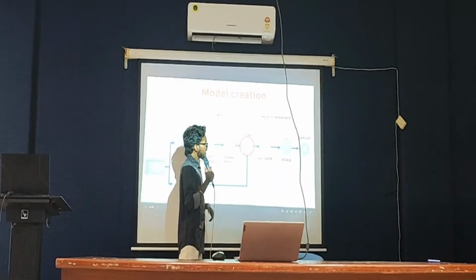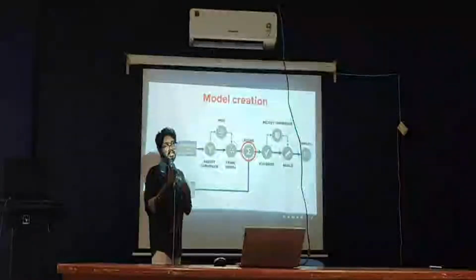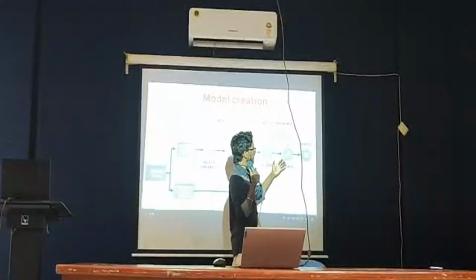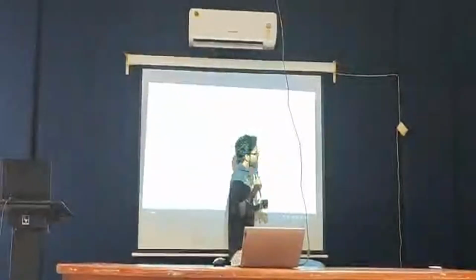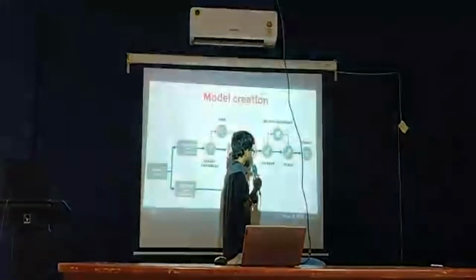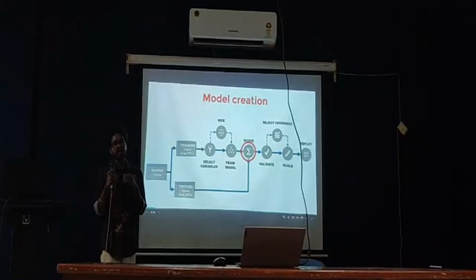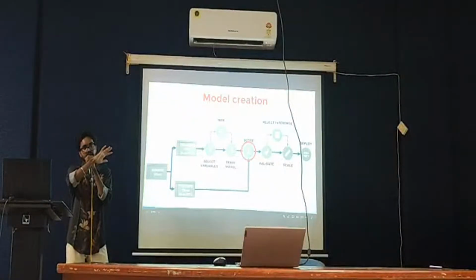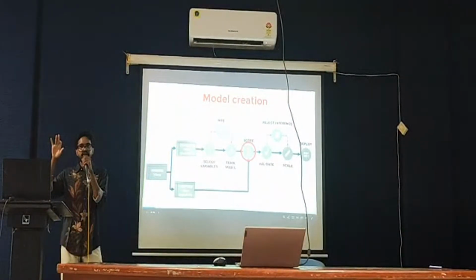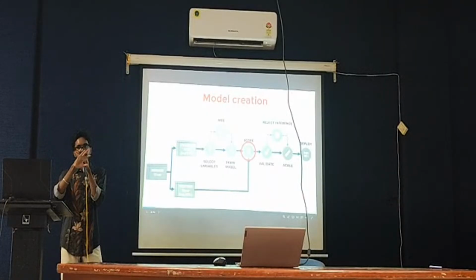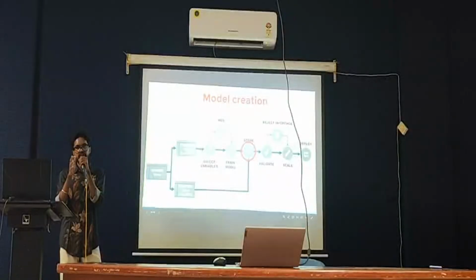This validation is the 30% split. Here we did a 70% split, right? The 30% split will come to validate, and then it will scale. Scaling means, suppose your score range is 500 to 700, and then if you score 100, it will be very odd.